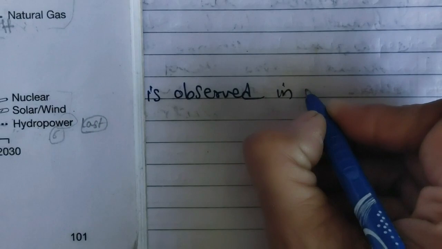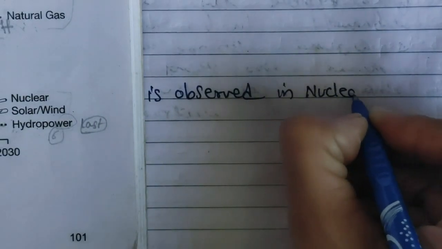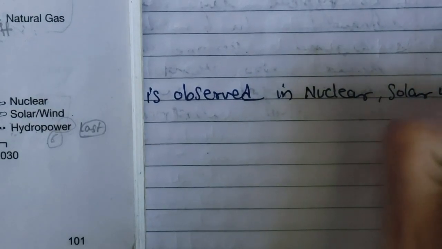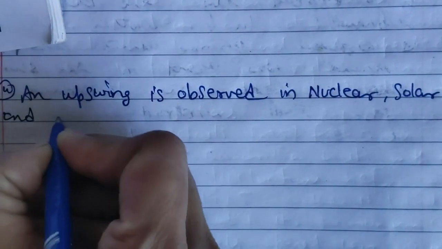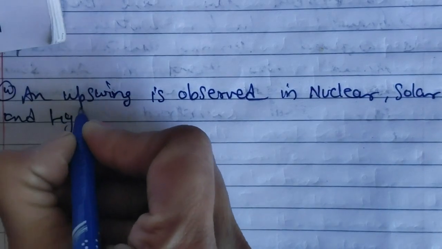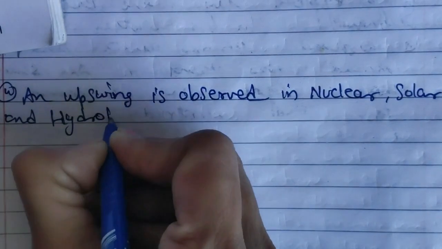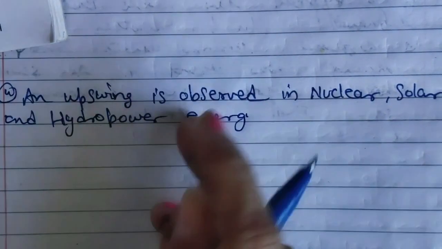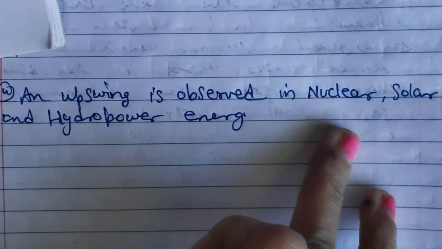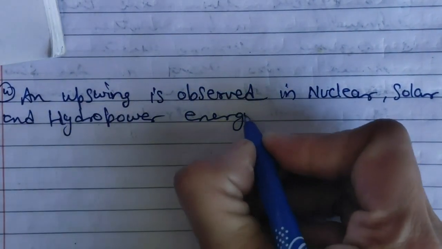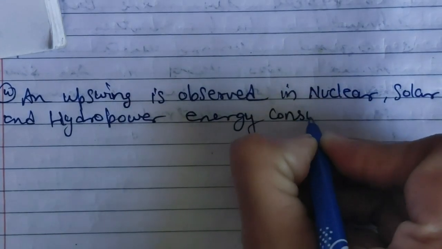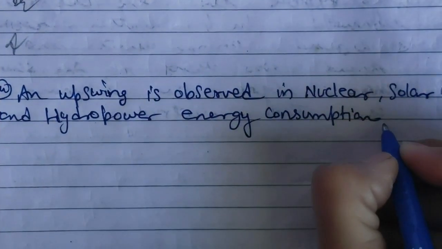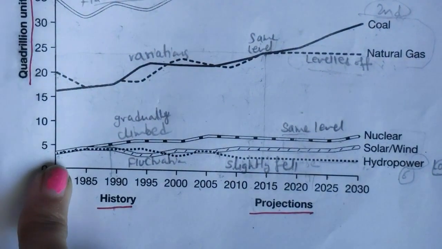So an upswing is absorbed in nuclear, solar, wind and hydropower energy consumption. Okay, energy consumption.